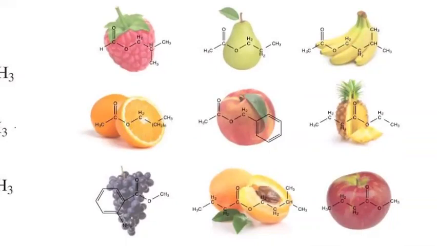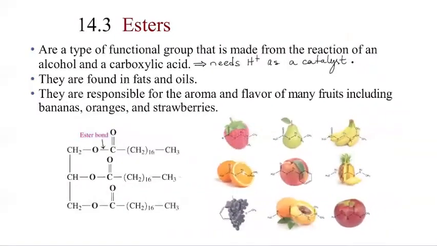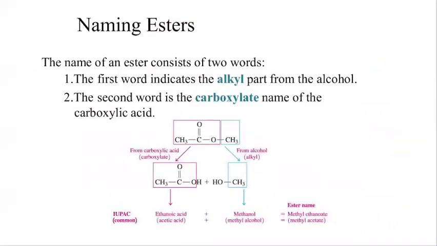Now, let's go over how we name esters. As I mentioned a few moments ago, esters are going to be made from an alcohol and a carboxylic acid. So when it comes to the name, we need to visualize that ester and separate it into the components that made the ester.